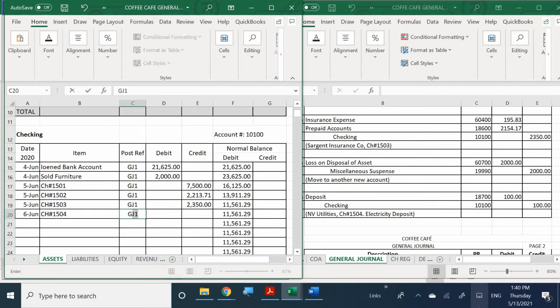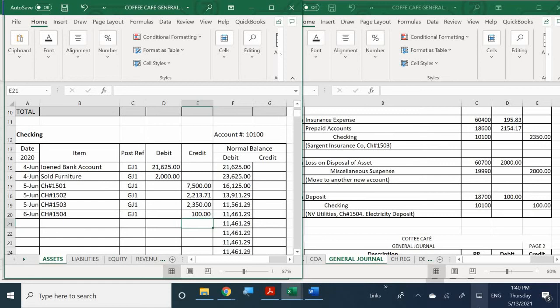It's GJ1, not CJ1. And once again, because I wrote out a check, I decreased my money by $100. So therefore now I am left with $1,161.29 in my bank account.